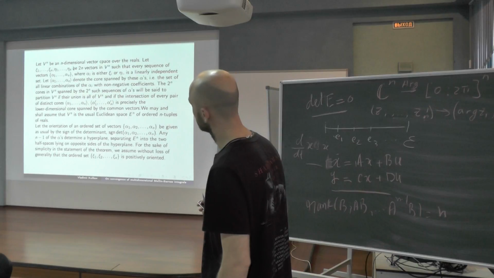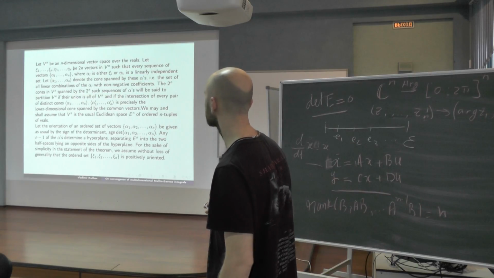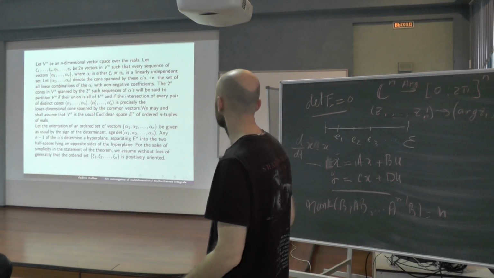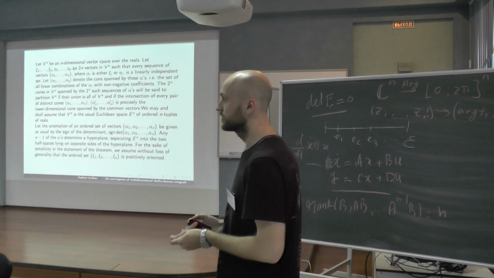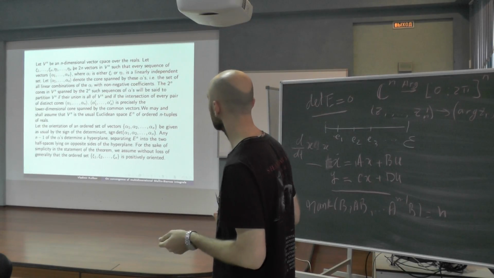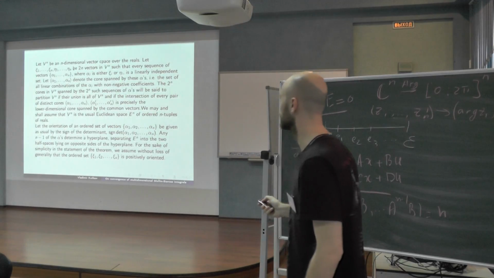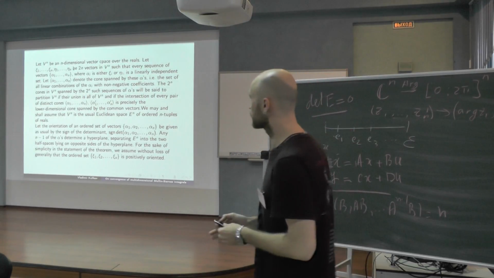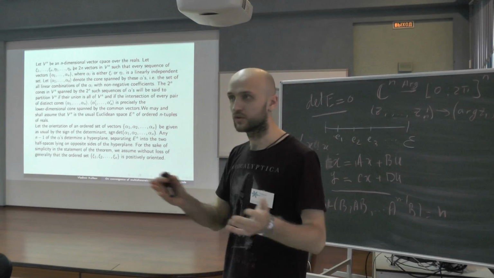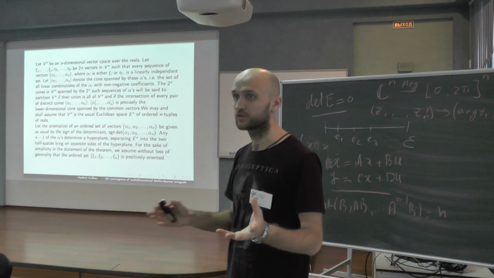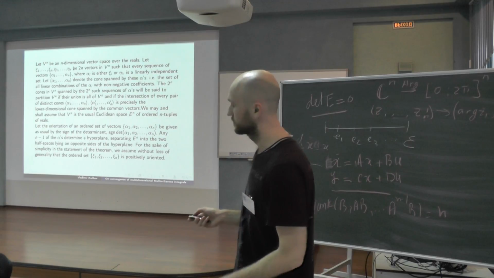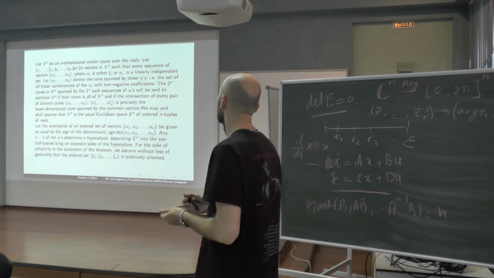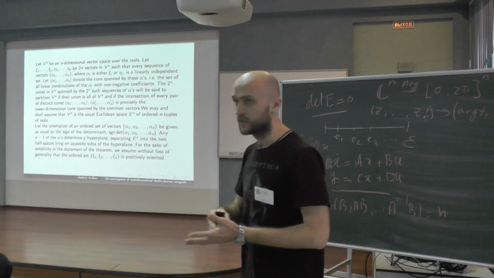Let the angle brackets denote the cone spanned by these alphas, in other words, the set of all linear combinations of the alphas with non-negative coefficients. The 2 to the power n cones in Vn spanned by such sequences of alphas will be said to partition Vn if their union is all of Vn, and if the intersection of every pair of these cones is a cone of lower dimension spanned by the common vectors in these sets.